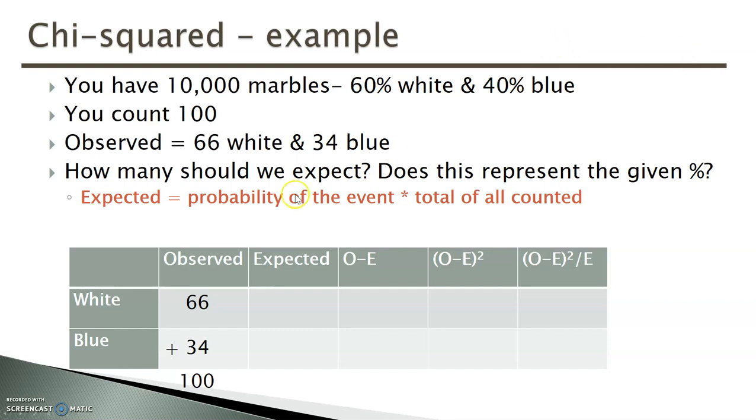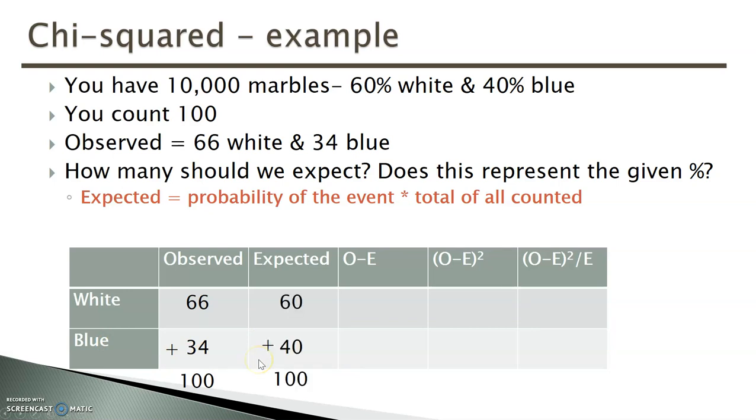Now our probability here was 60% should be white, 40% should be blue. So you're going to take the total of 100 and multiply it times the probability of white, which was 60% or 0.6, to get your expected for white. Then you are going to multiply 100, again the total, times the probability of blue, which is 40%, and that's where you will put that here.